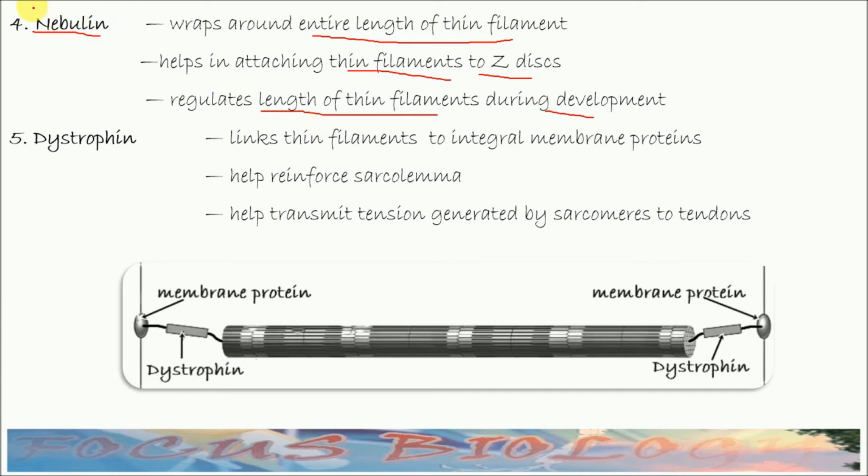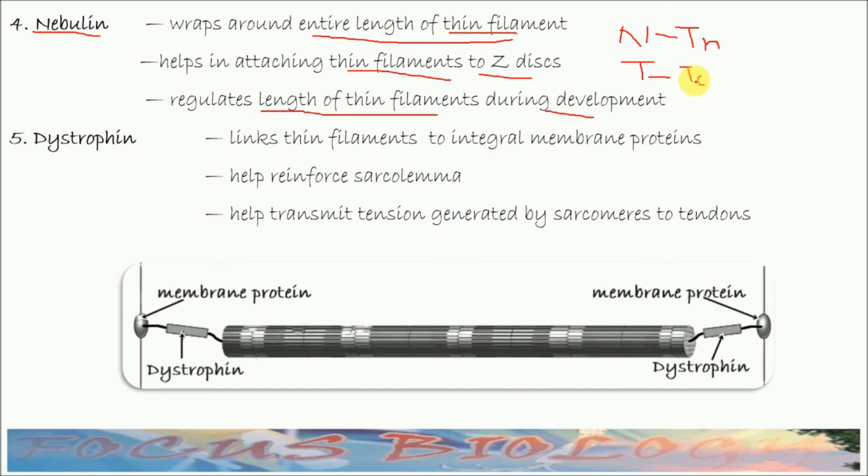Actually, nebulin and titin proteins are called molecular rulers. Nebulin controls the length of the thin filament, while titin controls the length of the thick filament.